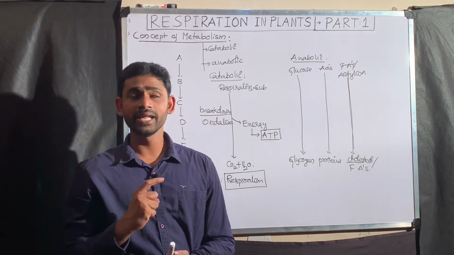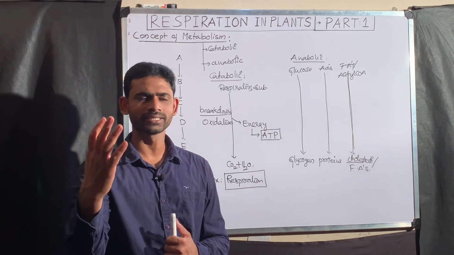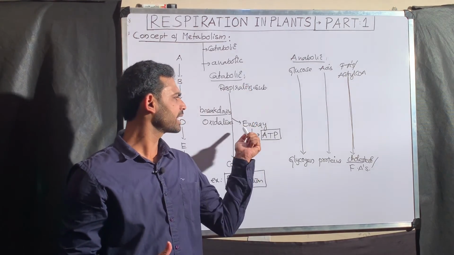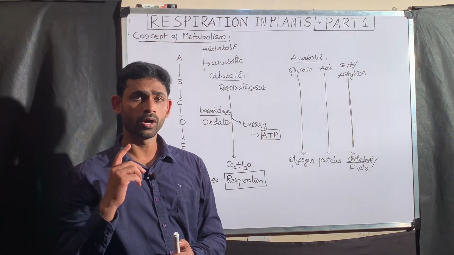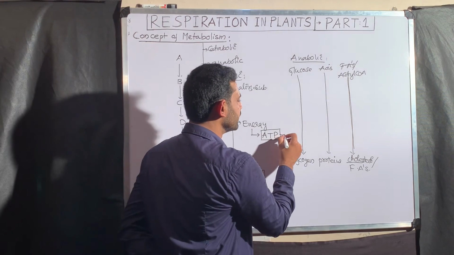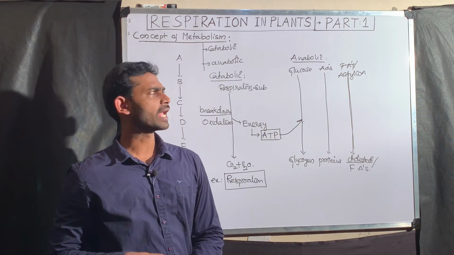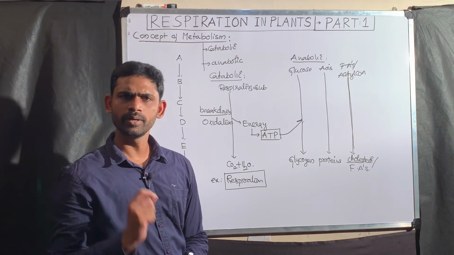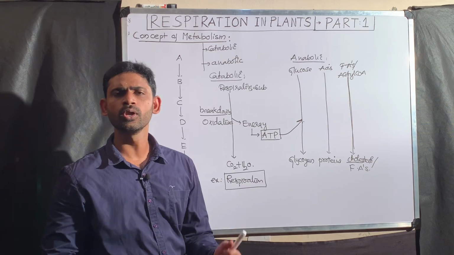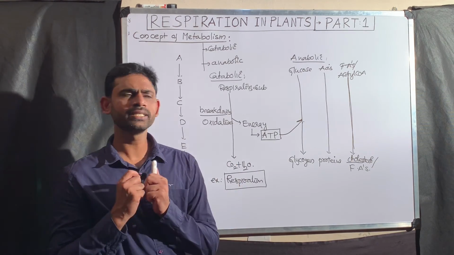The catabolic pathway is like an exergonic reaction, characterized by the release of energy, but the anabolic pathway occurs only with an investment of energy, that is ATP. So the anabolic pathway is the synthesis of a complex required biomolecule from simple molecules with investment of energy.